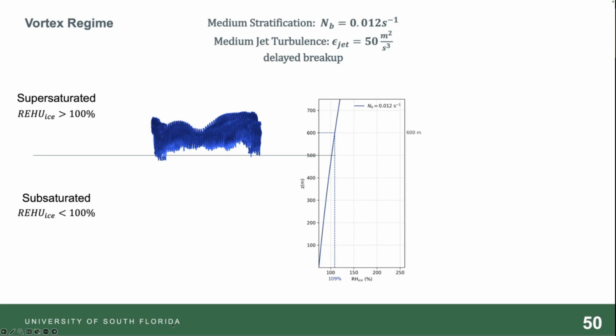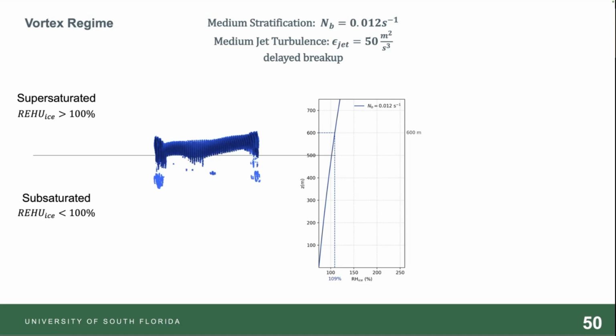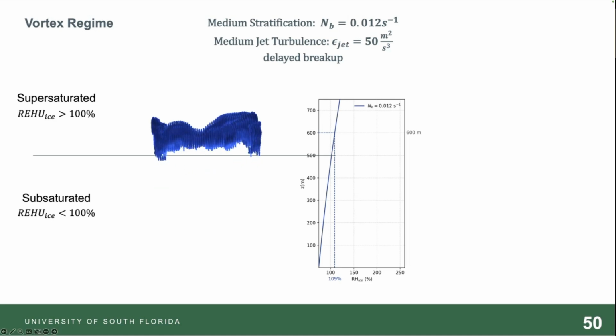So what we see here actually matches our expectations: at cruise altitude, we have a persistent contrail structure. Below cruise altitude, in the subsaturated region, we start to see sublimation and the ice crystal population and the contrail diminish. And so what does this correspond to?